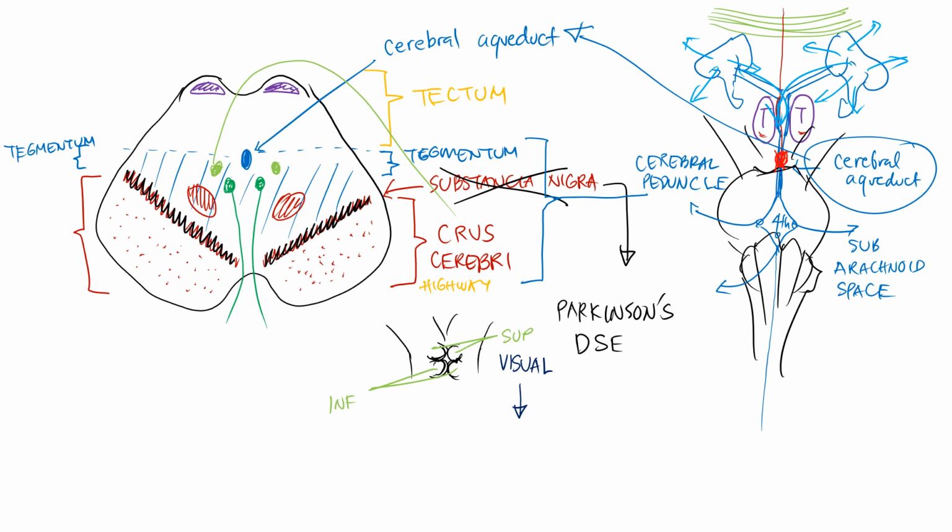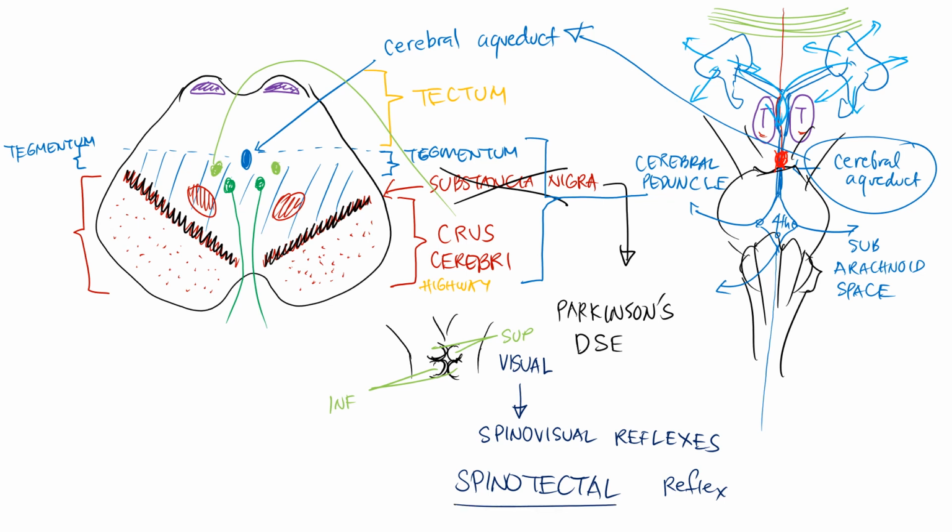When you talk about the superior colliculus, you talk about spino-visual reflexes. And it's basically part of your spinotectal tract or spinotectal reflex. When we study the tracts of the spinal cord, you have your spinotectal tract, and it's involved in your spinotectal reflex or your spinovisual reflex.